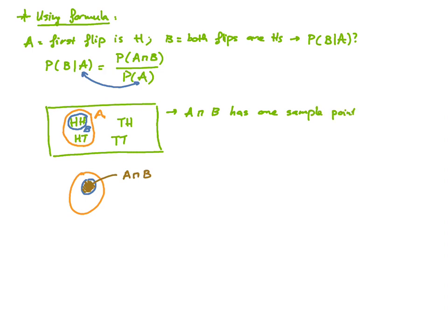Now we want to find the probability of the intersection of A and B. This is going to be the number of ways both A and B happen, so that's 1, divided by the total number of outcomes.